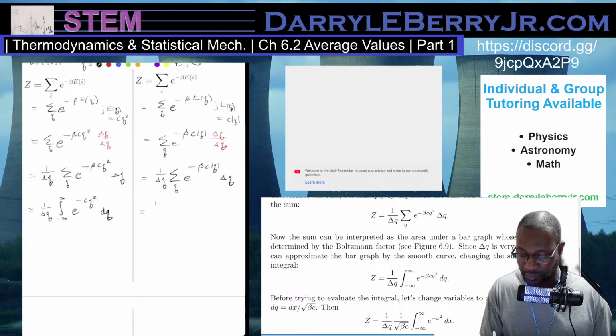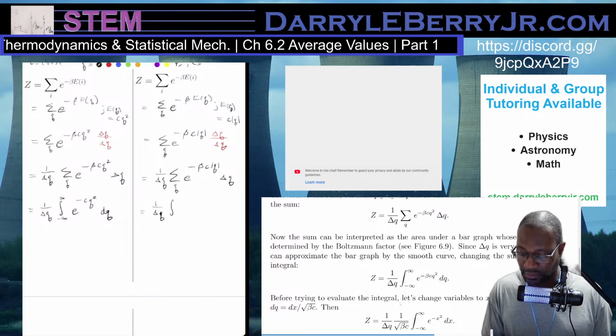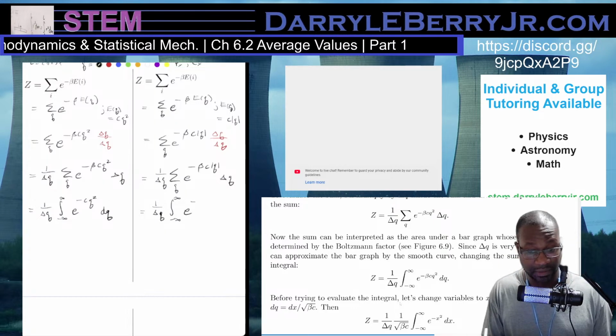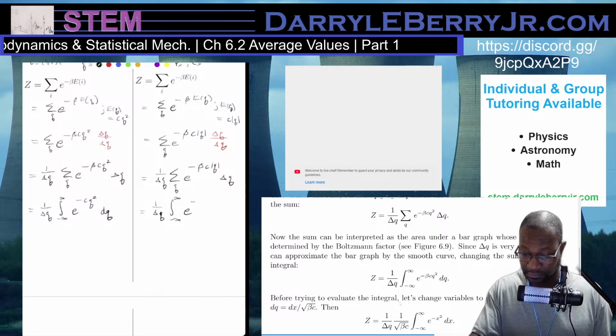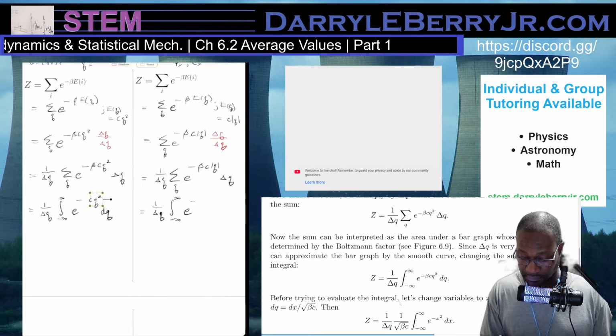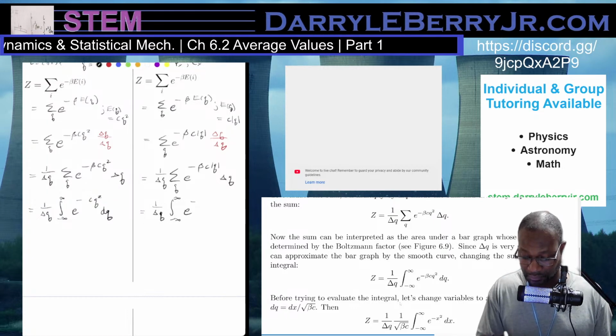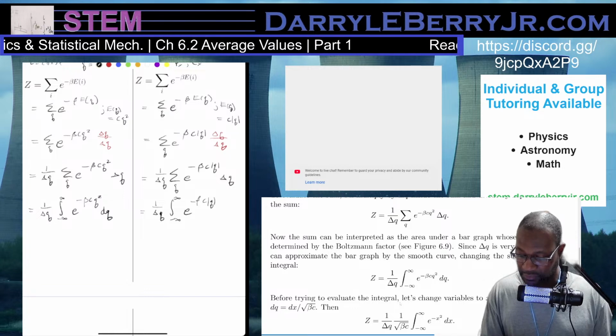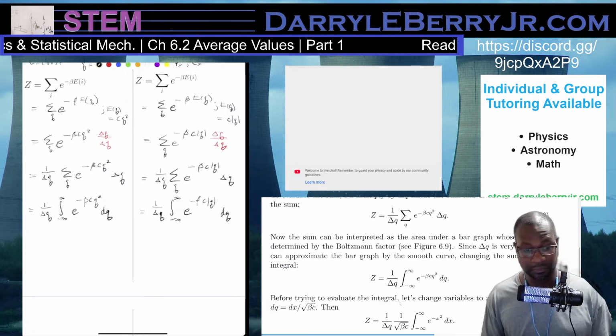And this becomes 1 over delta q times the integral from negative infinity to infinity of e to the negative beta c absolute value of q dq. Did I leave off my beta? I think I left off beta.